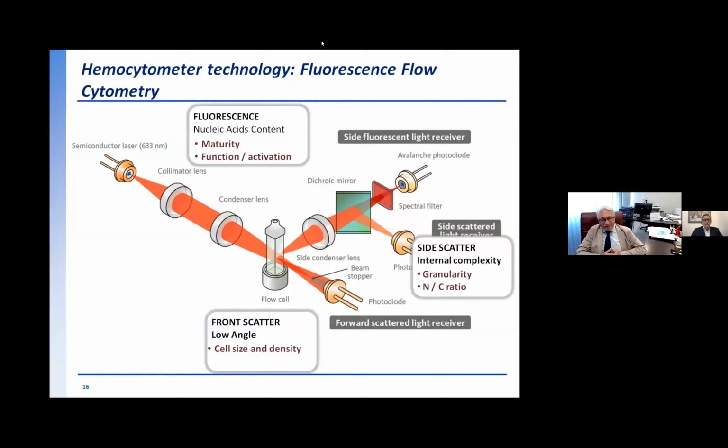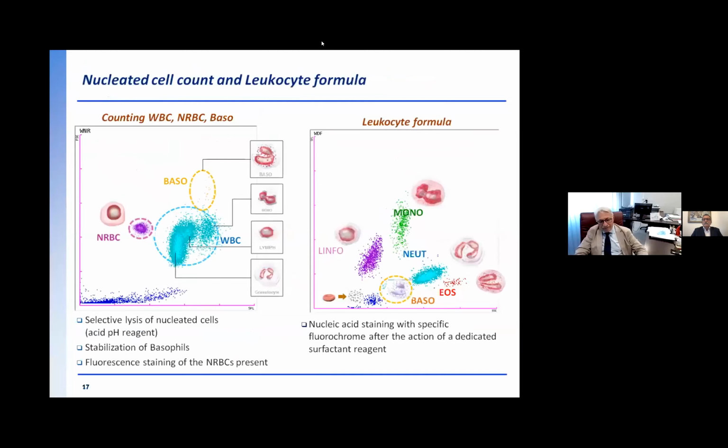And then there is another important aspect, which is fluorescence, that is related to maturity and activation of cells, as we can see better in the following slides. This is what happens.